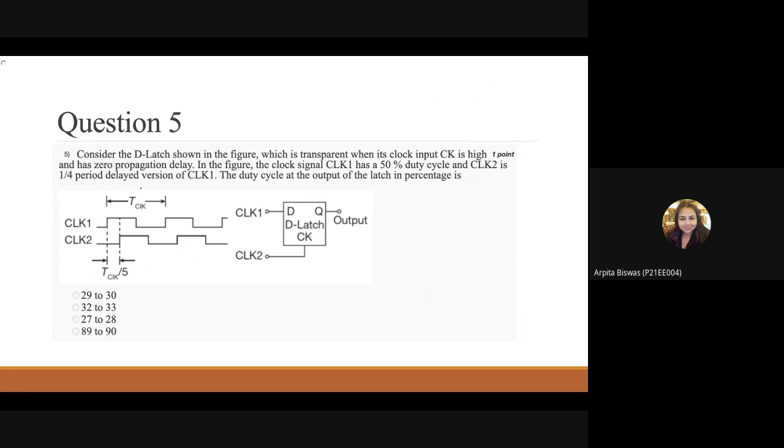Look at the circuit carefully, the clock 1 and clock 2, then find the output of the D-latch circuit. The options are 29 to 30%, 32 to 33%, 27 to 28%, and 89 to 90%.